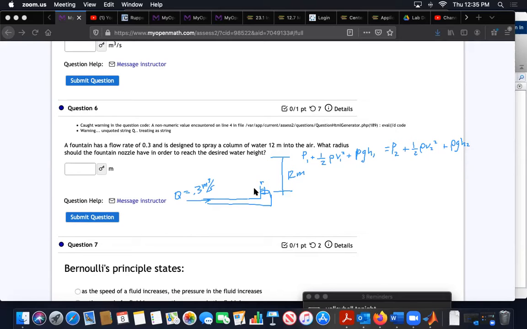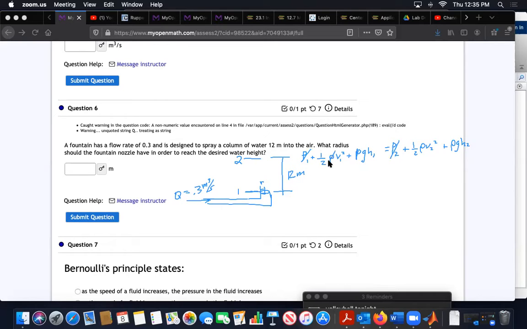And what we want to do is use the point right when it's coming out as our point 1, our first position, and up here will be point 2. For 12 meters of height, there's almost no difference in the pressure outside in the air. So that means that pressure 1 and pressure 2 will be equal, and those two will go away.